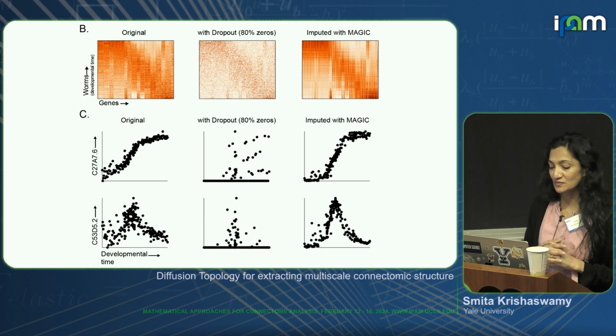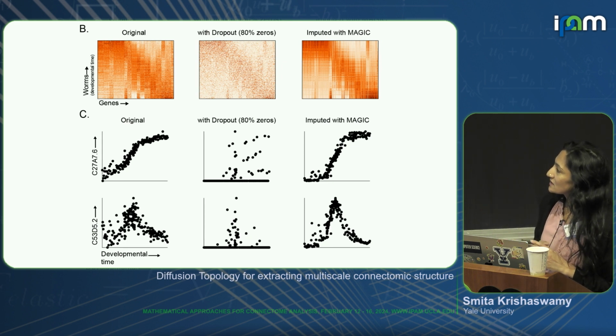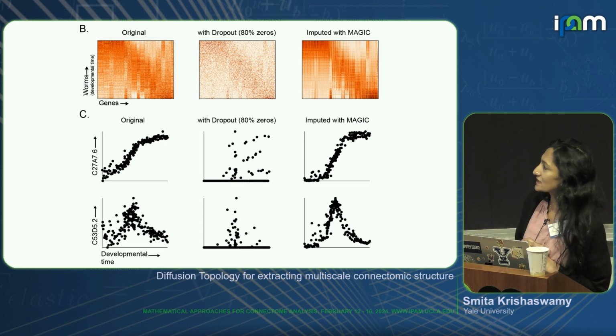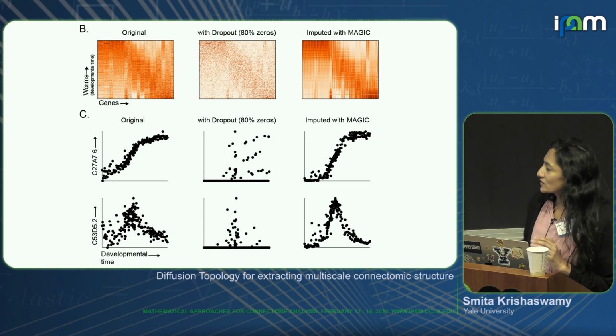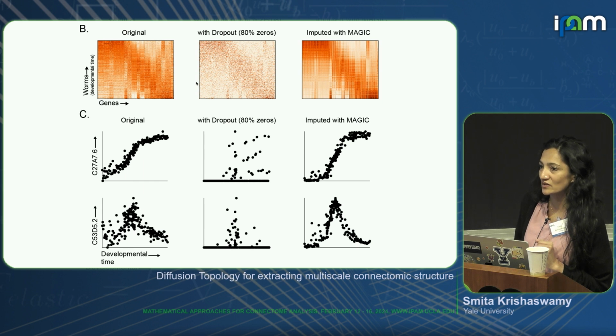We originally used this process just to denoise the data, only one iteration of it. This was a method called MAGIC that came out in Cell. When single-cell RNA sequencing first came out, you couldn't see any structure in the data. And this is a worm data set along the course of development. We simulated what's true about single-cell data, which is that it's about 80% zeros.